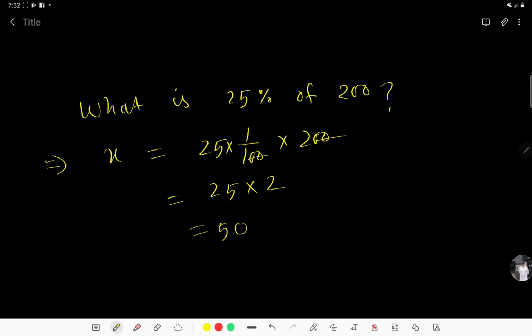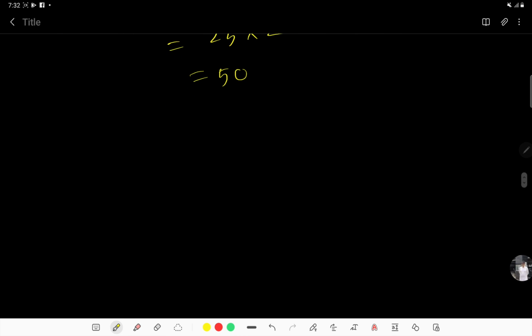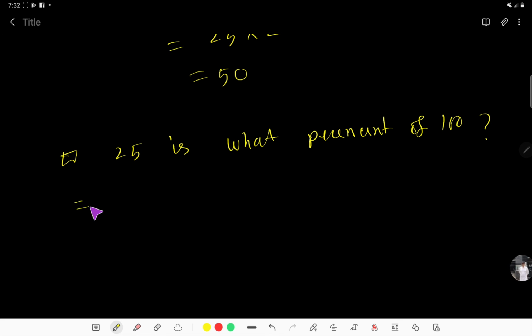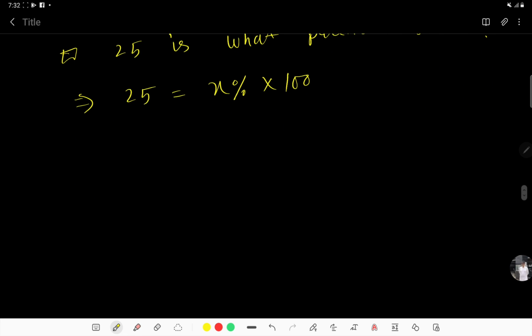Okay. So let us solve this problem: 25 is what percent of 100? Just translate. 25 is means equal sign, what means x, percent means this sign, then of means multiplication, then we have 100. Just I am translating, right?